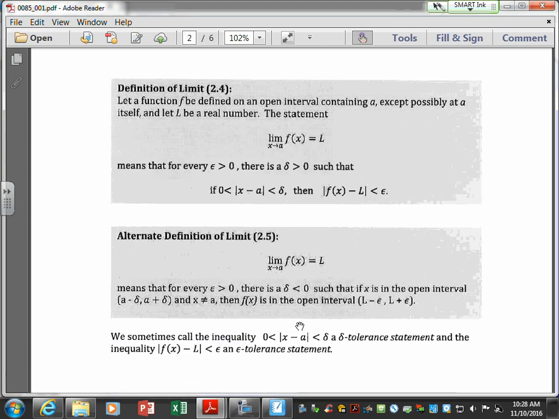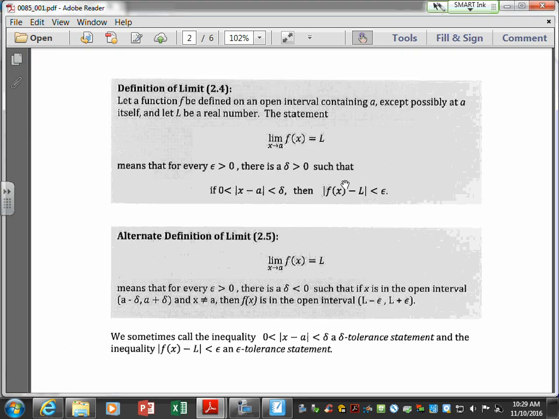Okay, let a function be defined on an open interval containing a, except possibly at a itself. Let L be a real number, then the statement, the limit of our function as x approaches a equals L, means that for every epsilon greater than 0, there's a delta greater than 0 such that it's going to satisfy these two inequalities.